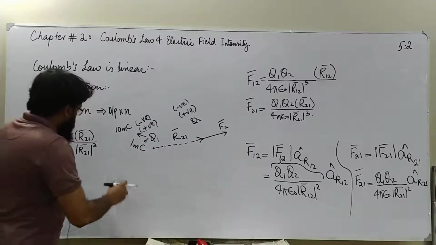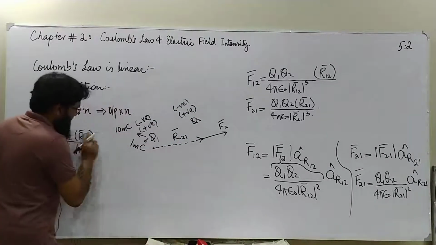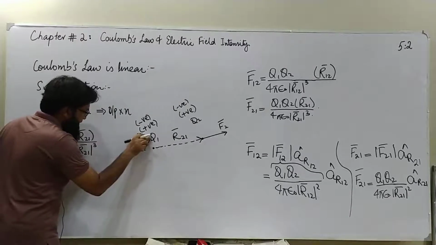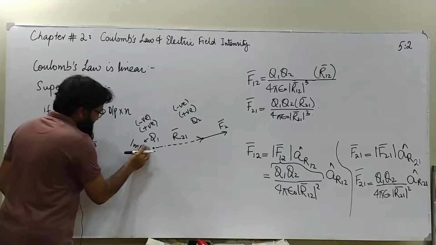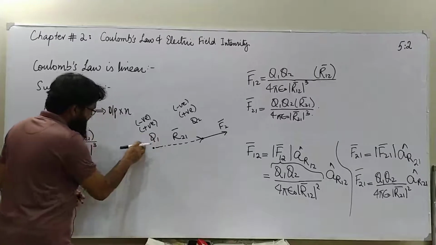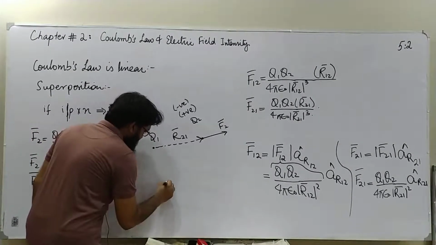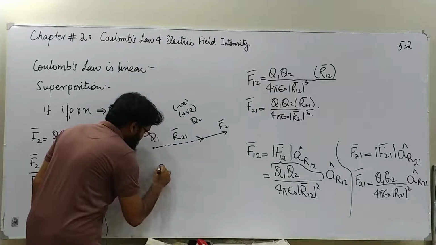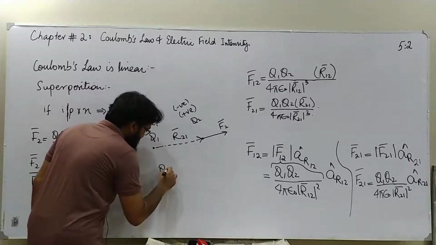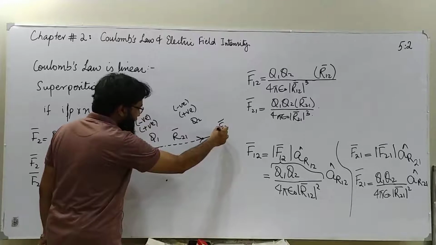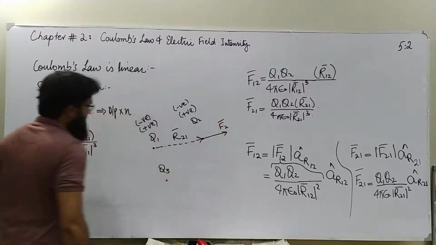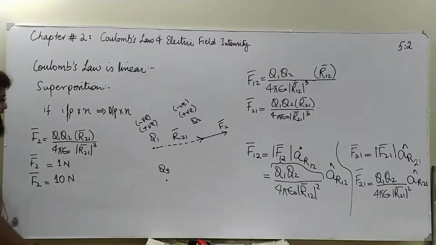Okay, the second consequence is, now I'm just removing this case because we have done it. All right, so the second consequence is that if there is more than one source, instead of only Q1, we have got Q2 as well, Q3 as well, and now we want the force on the point at which Q2 is located.